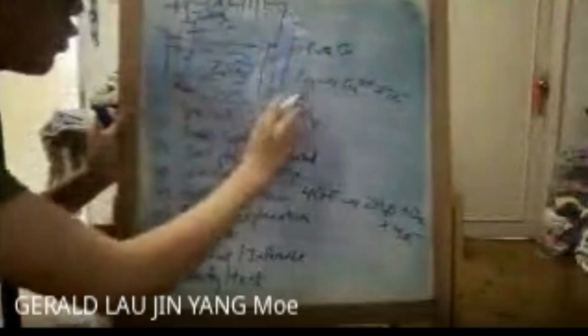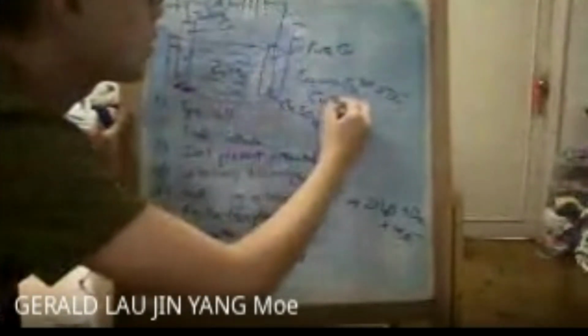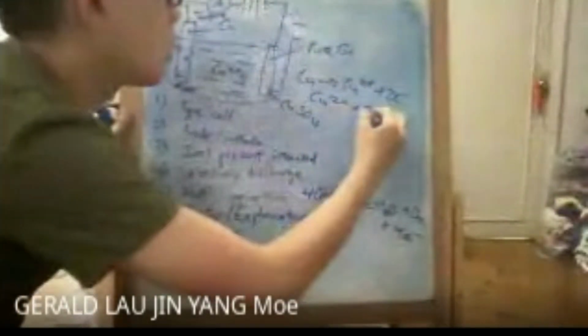So here will ionize. This impure copper will ionize, and down here will have impurities. Over here will be impurities, and then all the copper 2 ions attract to here to form copper atom again. Copper atom. Okay, that is purification.